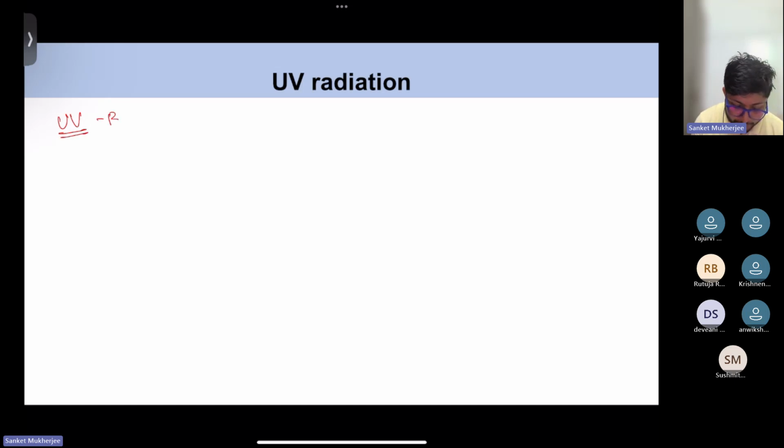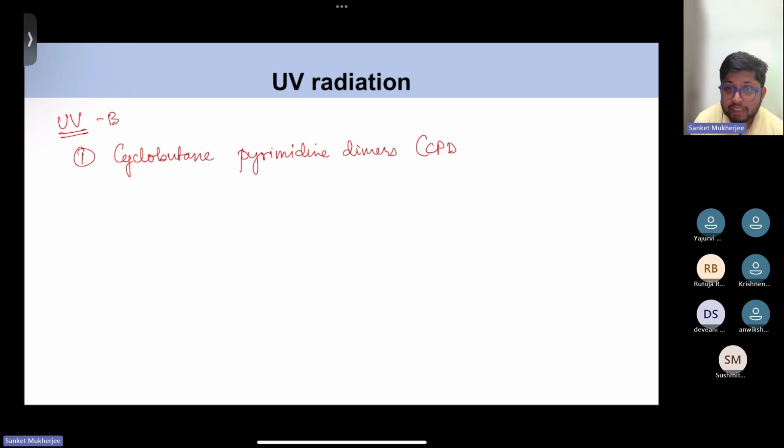If we talk about UVB in specific, it can form cyclobutane pyrimidine dimers, these are CPDs, or they could form pyrimidine 6,4 pyrimidine photoproducts.